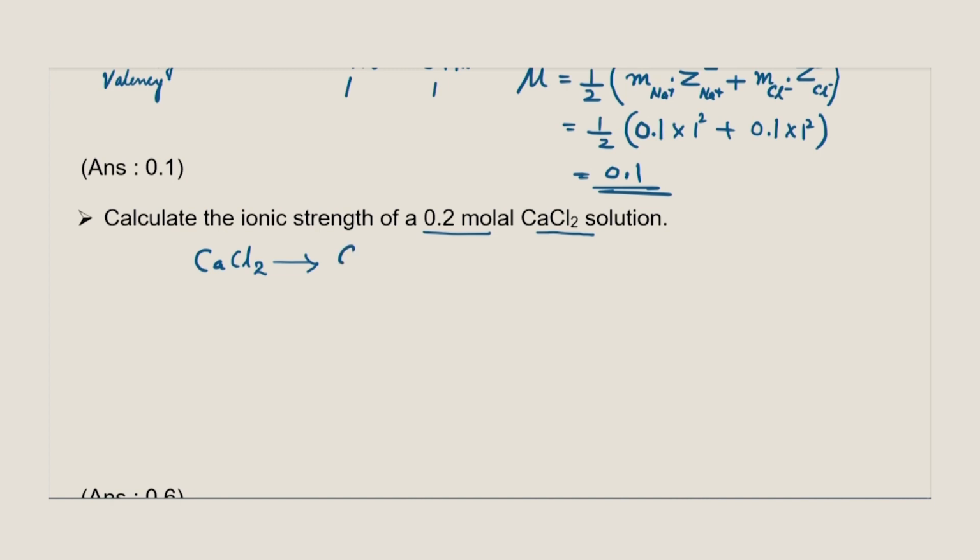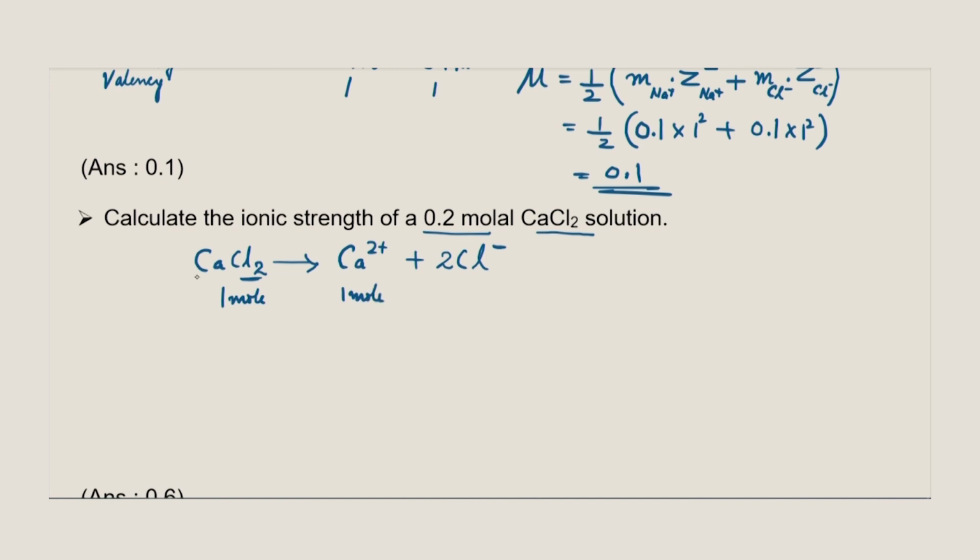That is, you will have Ca2 plus and 2 chloride ions, because here you can see that there are 2 chlorine attached to the calcium atom, and therefore, that is 2 Cl minus. Now, one more point: if I take 1 mole of calcium chloride, you will get 1 mole of calcium ions, that is for sure.